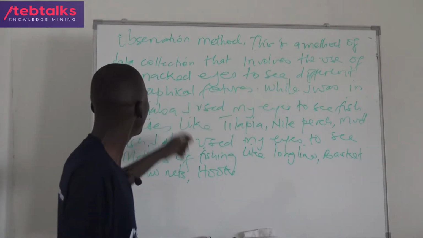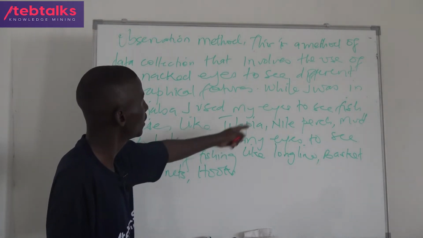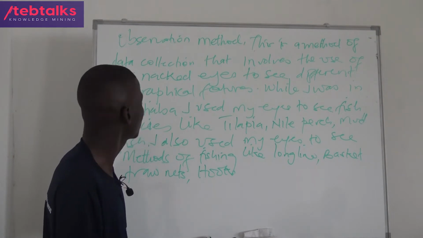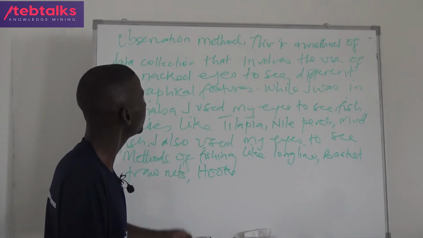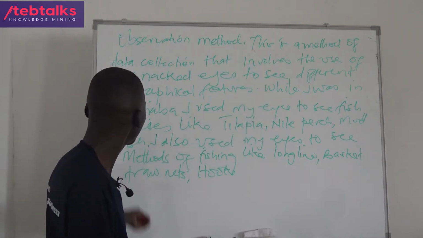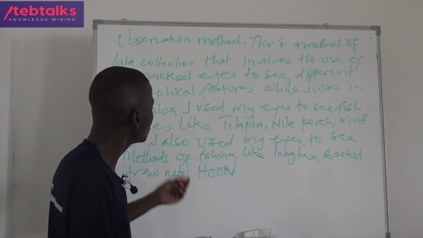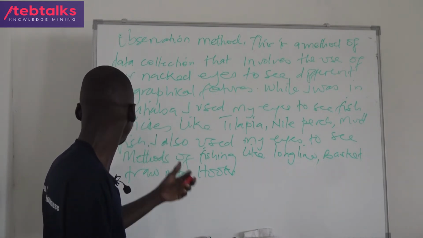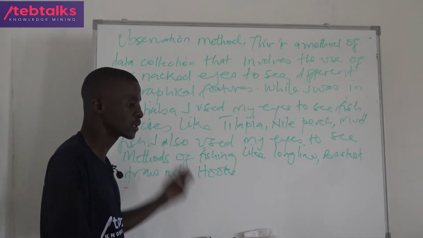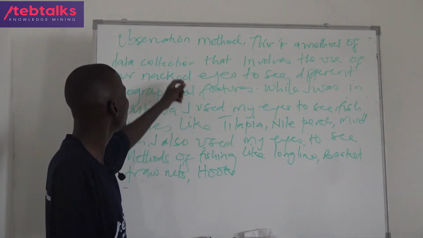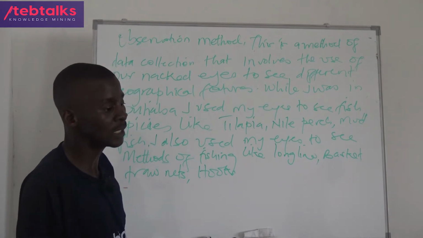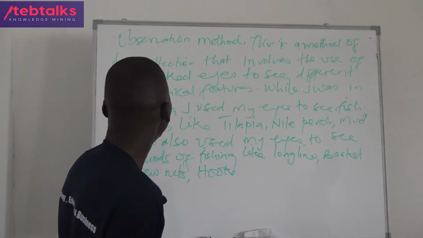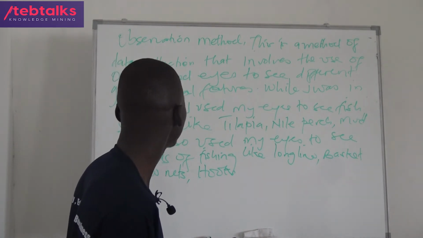While I was in Butiaba fish landing site, I used my naked eyes to see different fish species. I saw tilapia, Nile perch, mudfish, etc. I also used my naked eyes to see different methods of fishing, like long line, the basket method, the draw nets, hooks, etc. This is how you answer that question which says, how did you use the observation method? Clear?